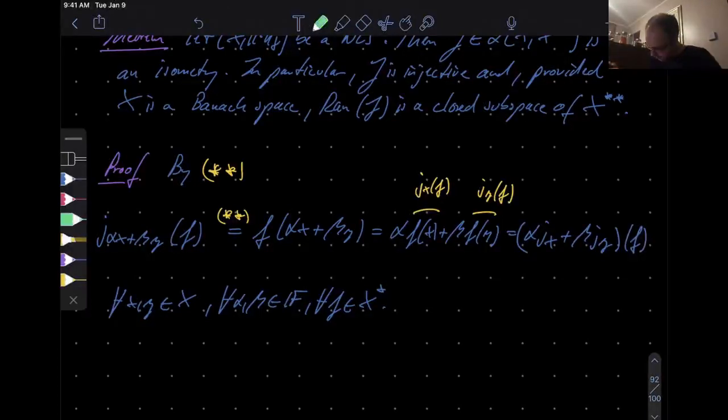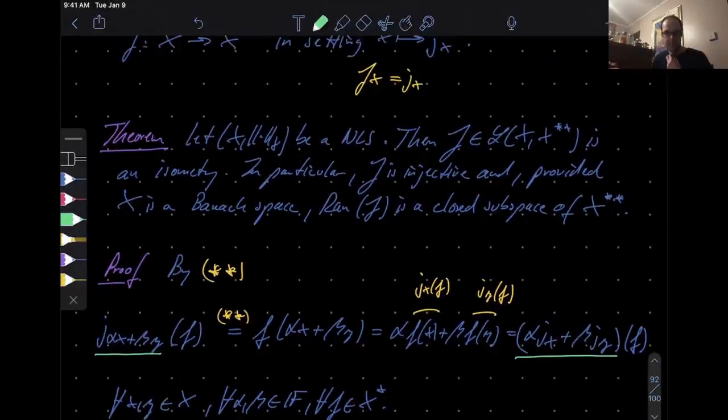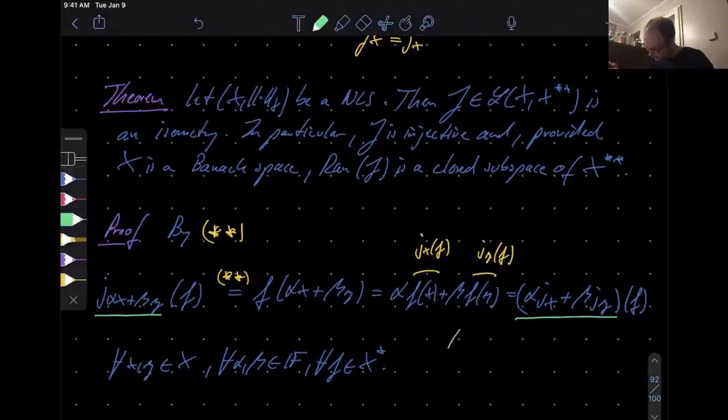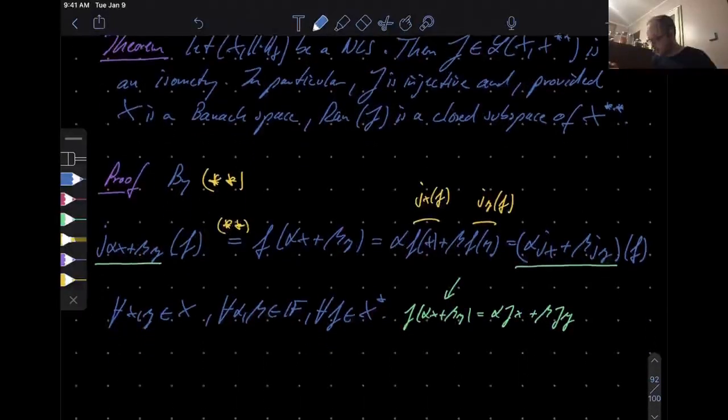Alright, so now if you read this green underlined stuff being equal to that green underlined stuff, then this is precisely the linearity of capital J as written up there, because capital J of x is J sub x, right? So what I proved now is, from this green stuff, that J of alpha x plus beta y is equal to alpha J of x plus beta J of y, and that's linearity of capital J. Alright, good. So J from X to the bidual is linear.